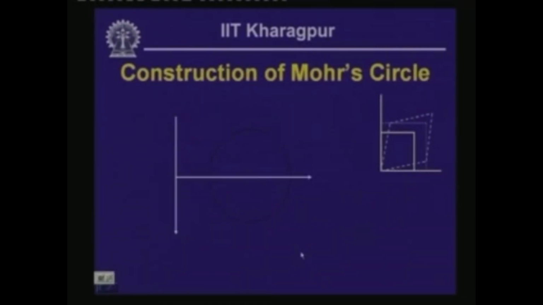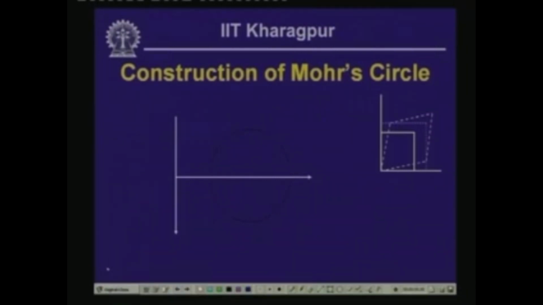Well, let us look into how we plot the Mohr cycle of strain if we know the normal strain components epsilon x, epsilon y and gamma xy. For this particular element at a point, we have the dimensions dx and dy, the strain in the x direction as epsilon x, in the y direction as epsilon y and the shearing strain as gamma xy.